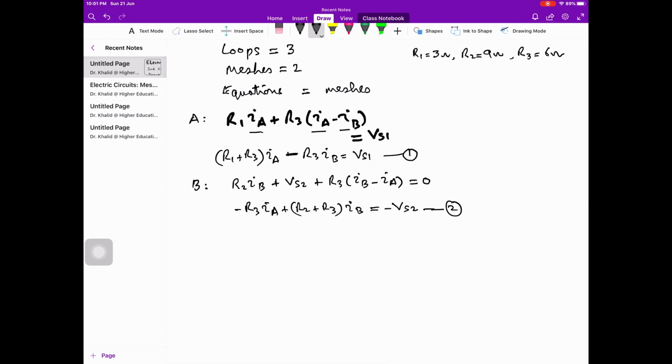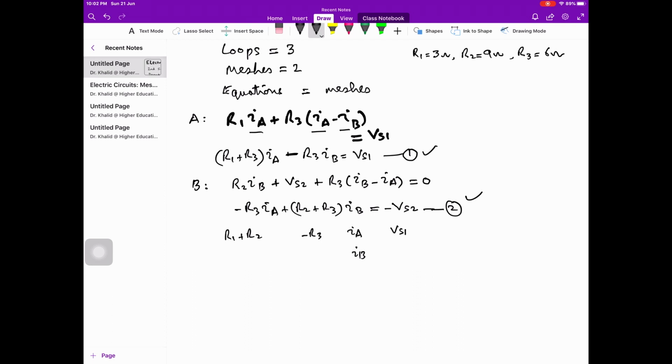Now, writing these two equations, equation 1 and equation 2, in matrix form, we see that it is R1 plus R3, and this is coefficient of IA, and then minus R3, this is coefficient of IB, right hand side is VS1.